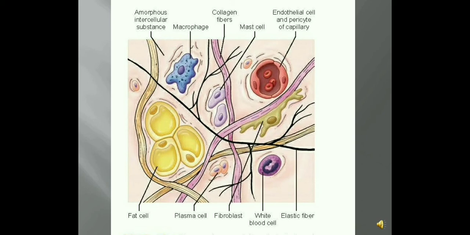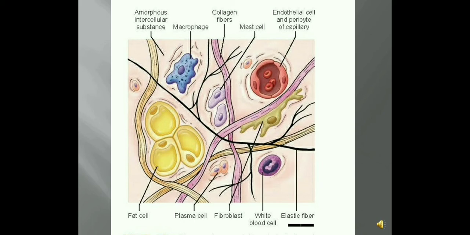White fibers are made up of collagen, so they are also called collagen fibers, and they give tensile strength to the tissue. You will find white fibers are found in bundles, they are wavy and they are unbranched.